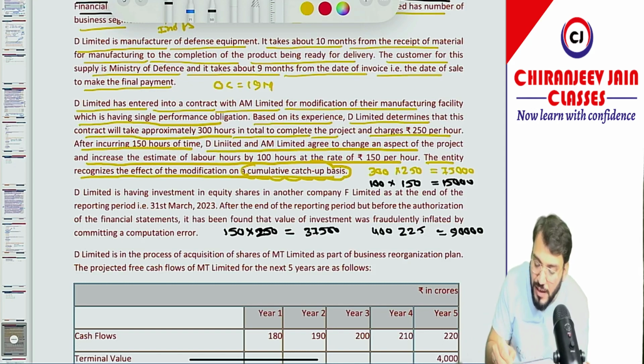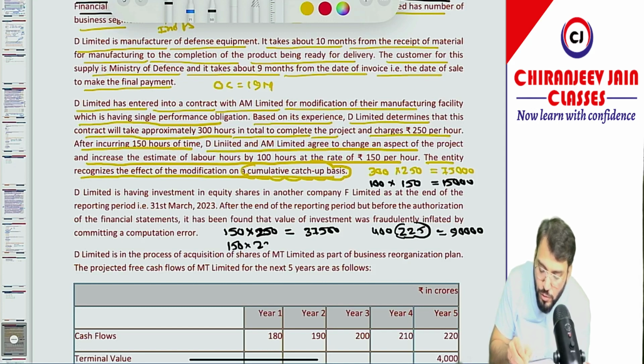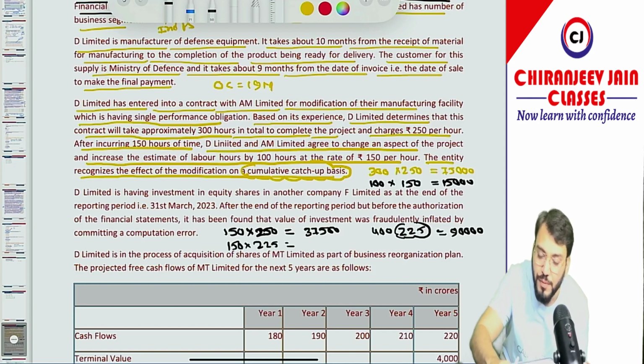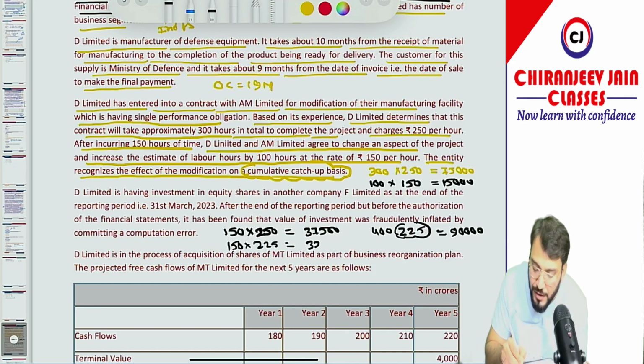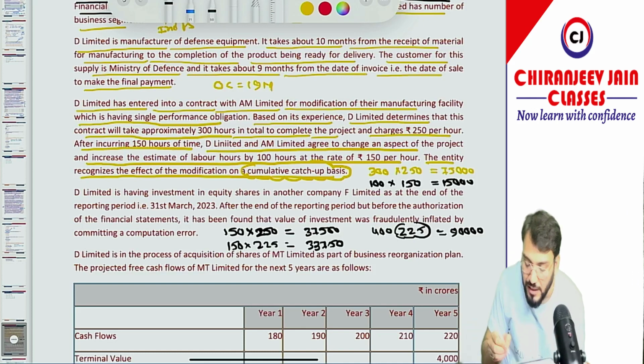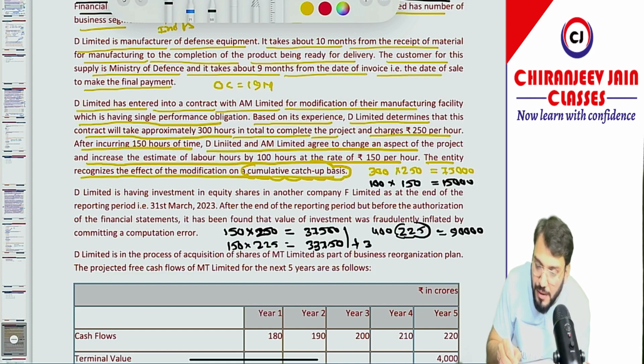But they should recognize revenue now based on 225. So it will be 150 into 225, which is equal to 33,750. It means they should decrease the revenue. Subtract from 37,500, so you should decrease the revenue by 3,750. So this can be one of the possible questions.